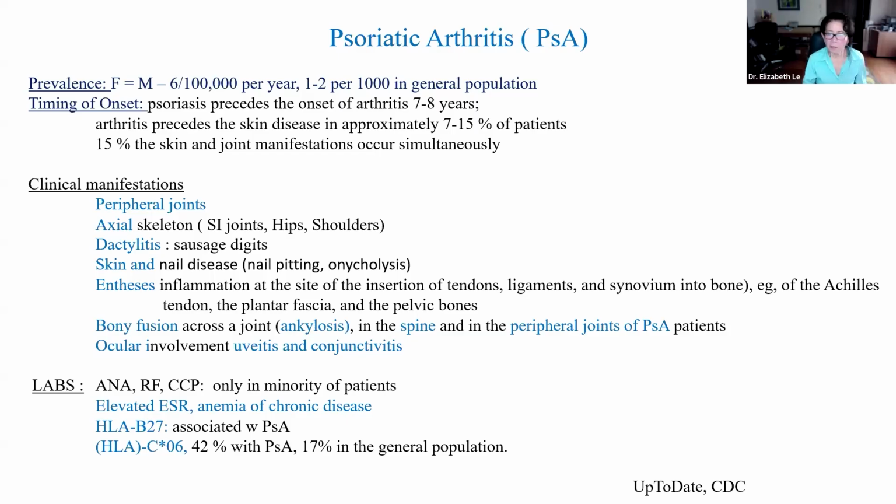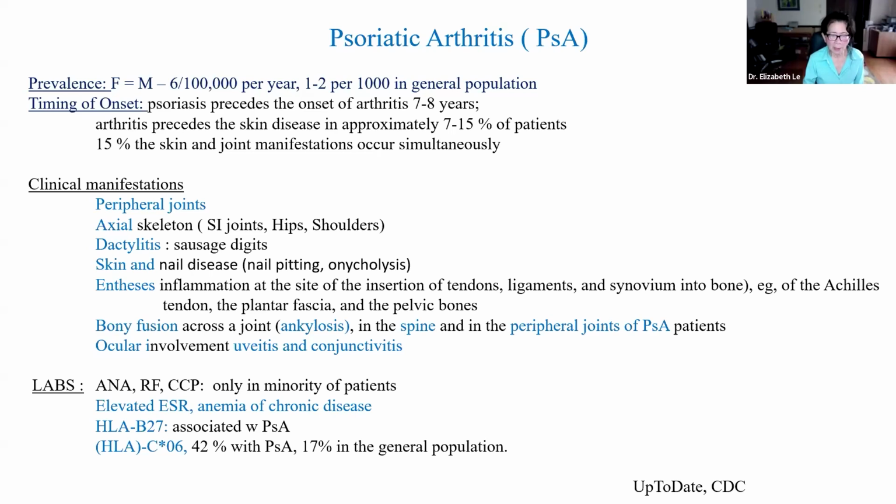The clinical manifestations of psoriatic arthritis: peripheral joints, like what we saw, swollen joints of the hands and toes; axial skeleton, SI joint. This is important because the patient can complain of back pain, hip pain, shoulder pain. Dactylitis, meaning sausage digits of the peripheral joints; skin and nail, like nail pitting, onycholysis; skin, we saw that psoriasis; enthesitis, inflammation.